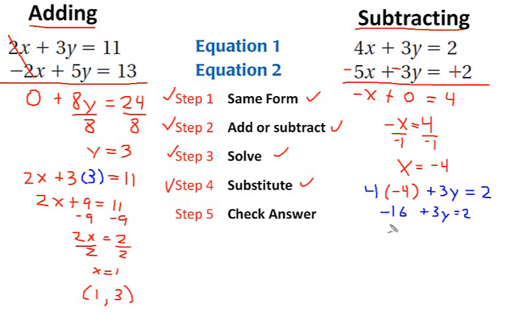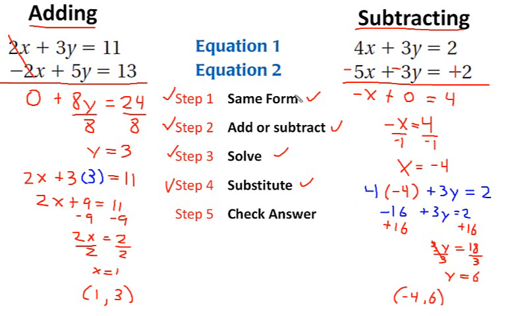I'm going to add 16 to both sides. You get left with 3y equals 18. The last step here is divide by 3. You get y equals 6. So our solution for this one was x equals -4 and y equals 6.